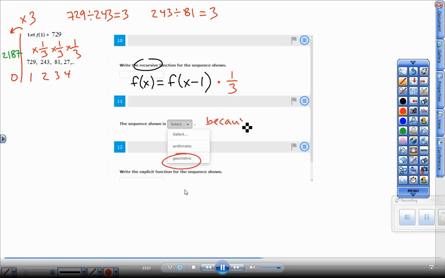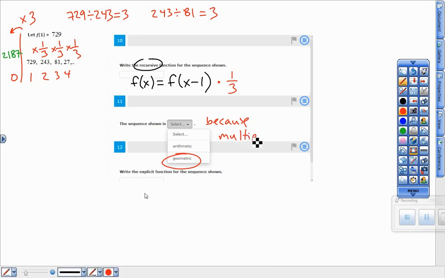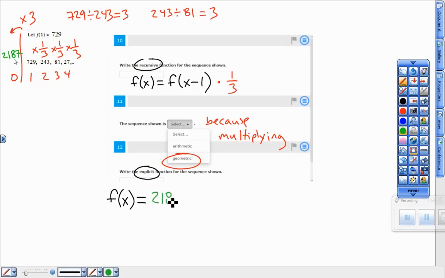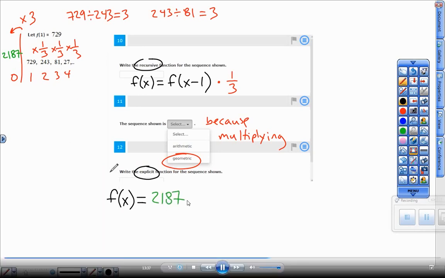And then the explicit form, again, focus on one. I'm just going to write both, the zero term and the first term. The explicit form is f of x equals the first zero term, 2,187, times the common ratio number 1/3 raised to the x power.